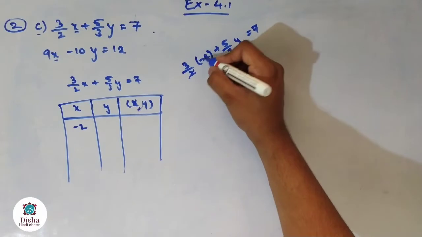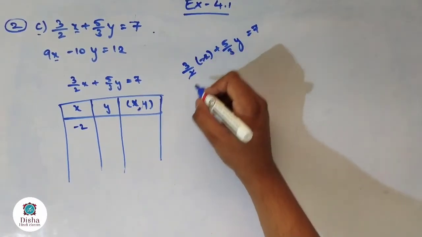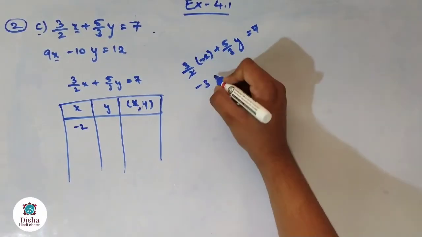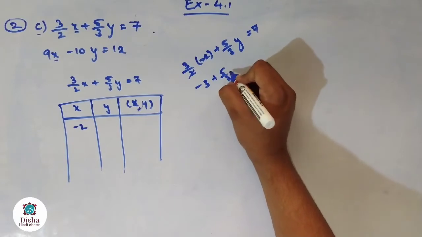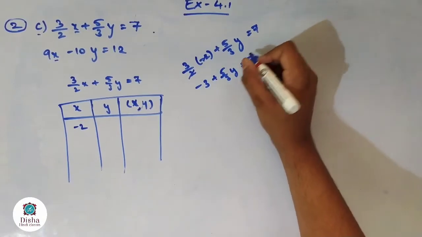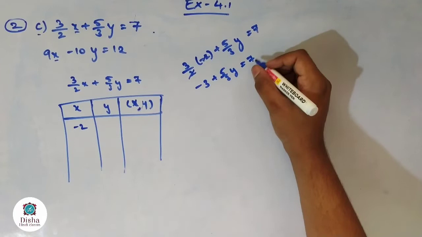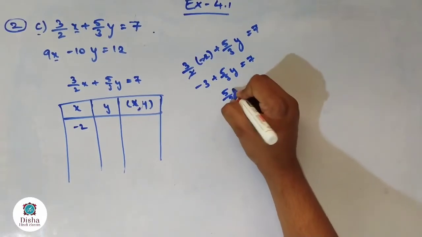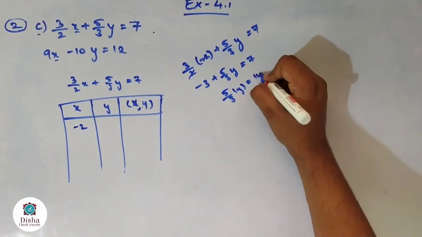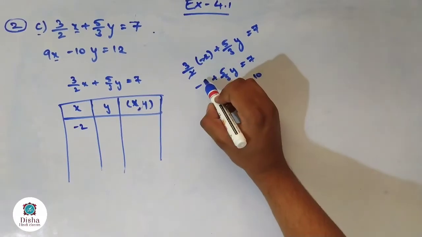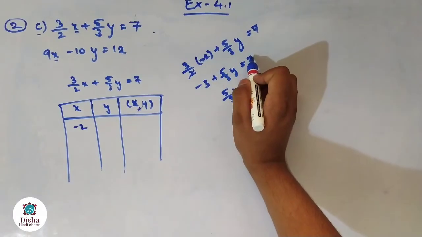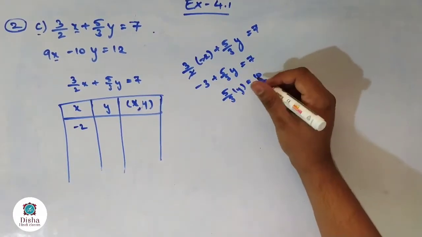So here the 2s get cancelled and the minus sign will remain. So -3 plus 5 by 3 y equals 7. So this -3 we send to the RHS. We get 5 by 3 y equals 7. This -3, if it goes to the RHS, will become +3. So it will become 10.